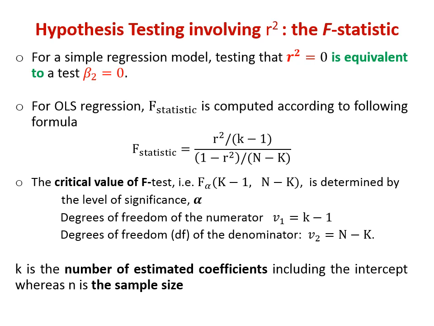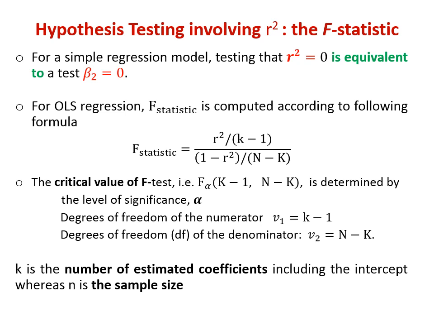For a simple regression model, this test is equivalent to a test that the slope coefficient equals 0. Note that an F statistic is used to test whether R-squared is equal to 0 or not.